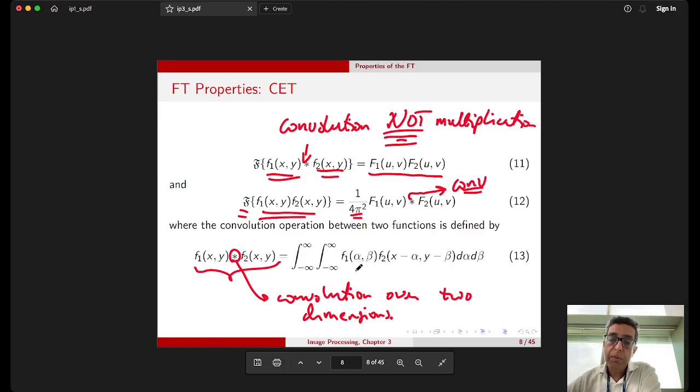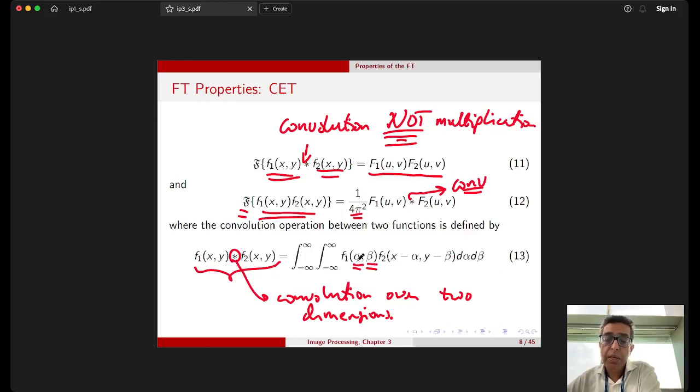You introduce a couple of dummy variables to replace x and y. We're convolving here in x and y, so we introduce alpha and beta as dummy variables. The convolution between these two is this integral here.